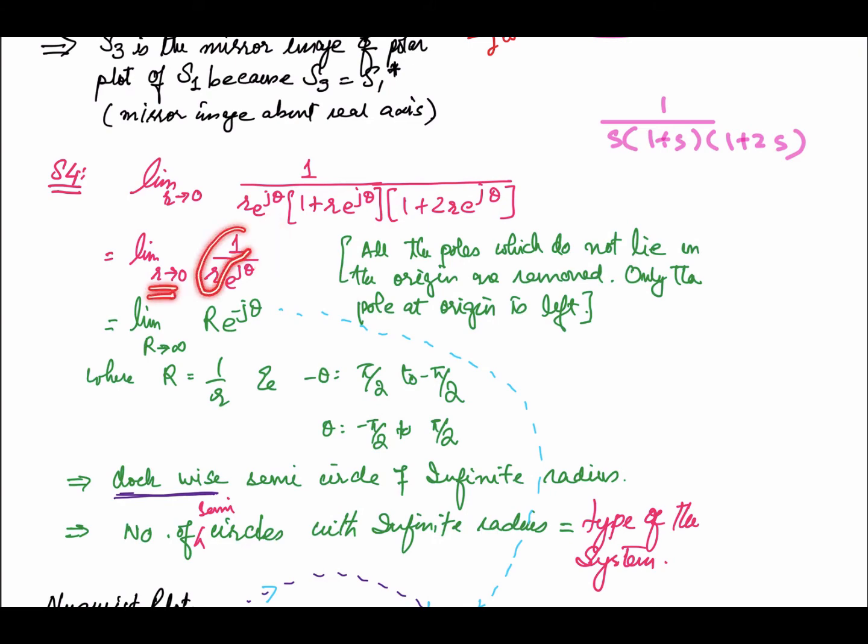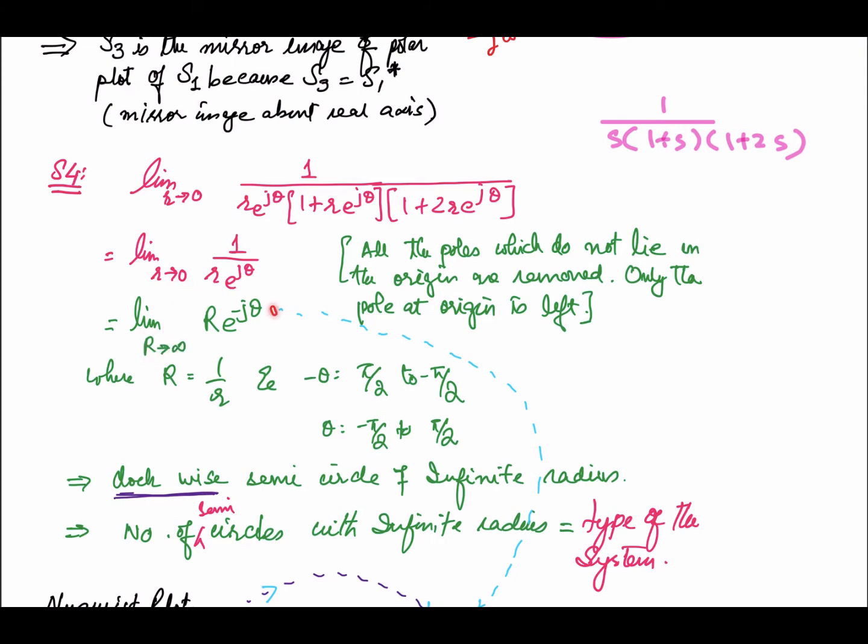As r is approaching 0, 1 by r will be approaching infinity, and the radius of the circle which is selected for the second part of the contour is infinite. So we can represent it with capital R, and this can be written as e raised to minus j theta, where this r can now be represented in terms of capital R, the radius of the bigger semicircle covering the entire right half S plane.